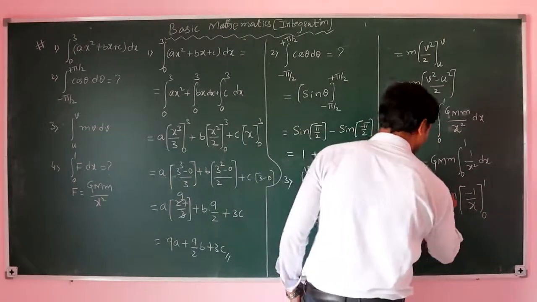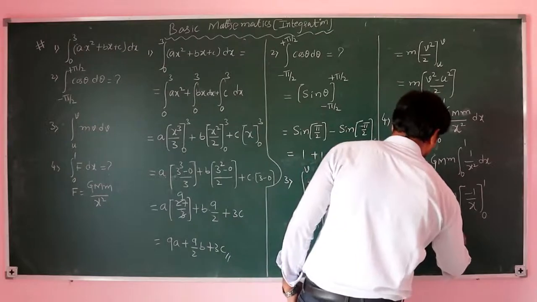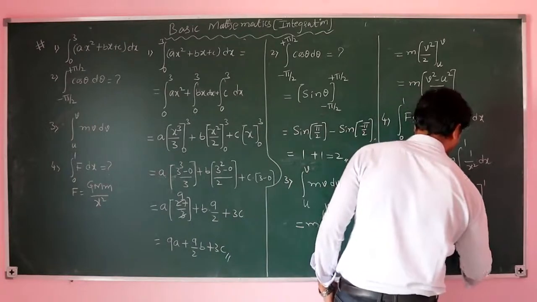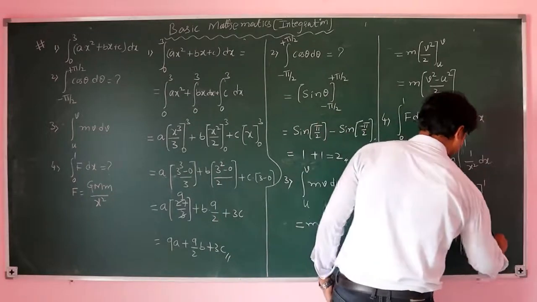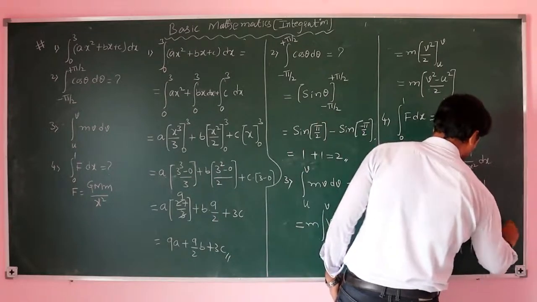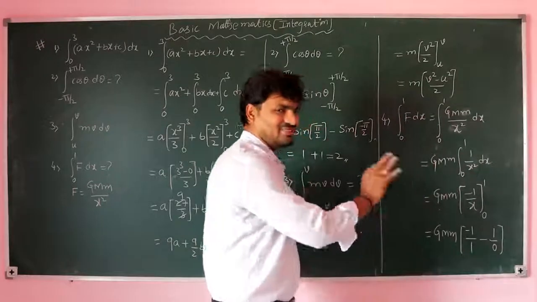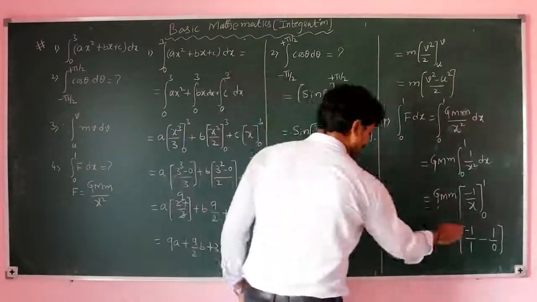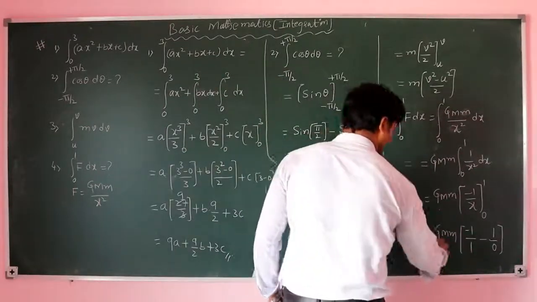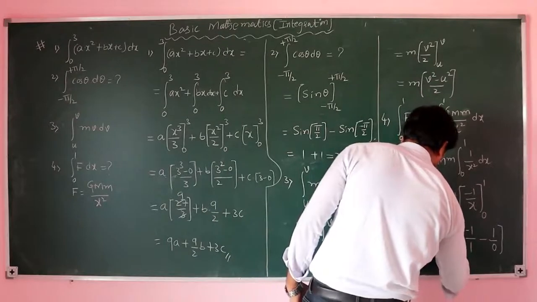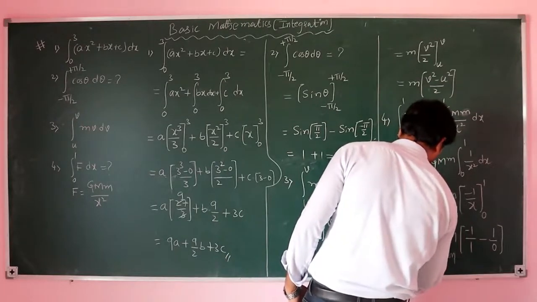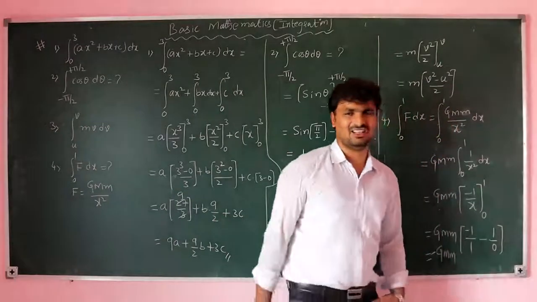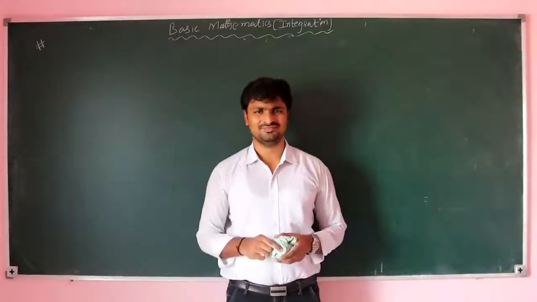So GMm upon minus 1 by 1 is minus 1, and minus 1 by 0 goes to infinity. So this value we can simply take as minus GMm. The force we can take like that.